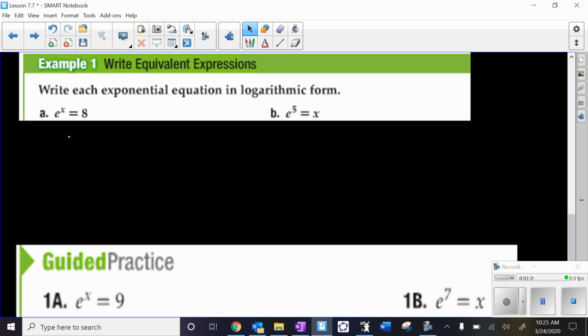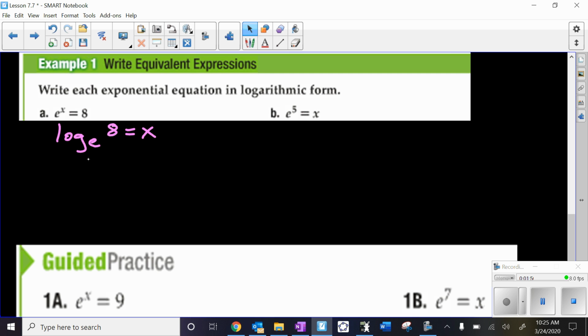So we're going to say we have log base e of 8 should equal x. Okay, just going from exponential to log form. Remember, logarithms mean what is the exponent. So x, my exponent, should be by itself.